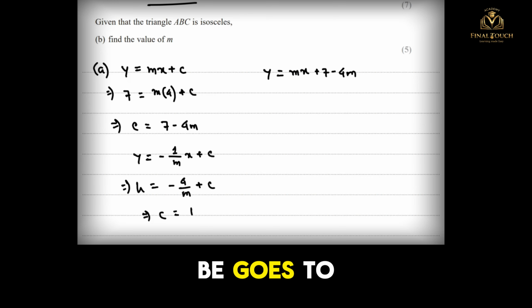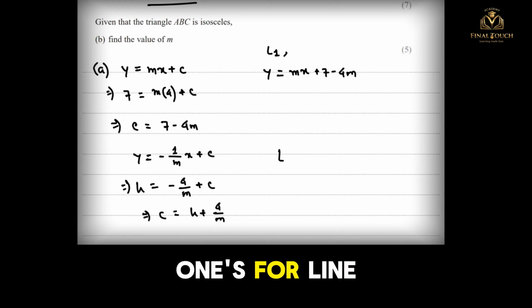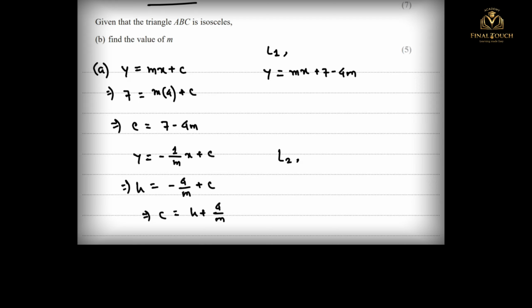C should be equal to k plus 4 by m. So this is for line L1 and this one's for line L2: y equals minus 1 by m into x plus k plus 4 by m.